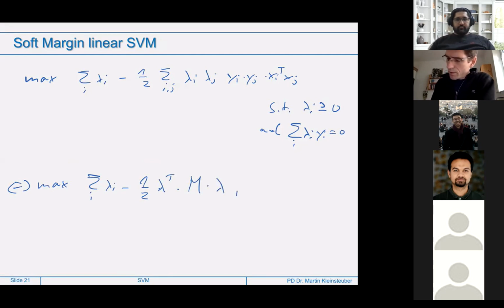And we can write that into this form where M is a matrix and Mij is just yi times yj times xi transpose times xj. Okay.